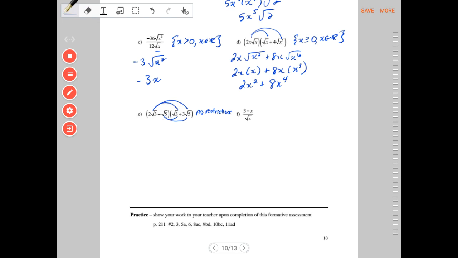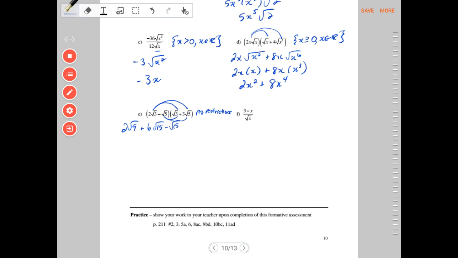All right, so 2 root 3 times root 3 becomes 2 root 9. 2 root 3 times 3 root 5 is plus 6 root 15. That's a negative 5, so negative 5 times 3 is negative root 15. And negative 5 times positive 3 root 5 becomes negative.